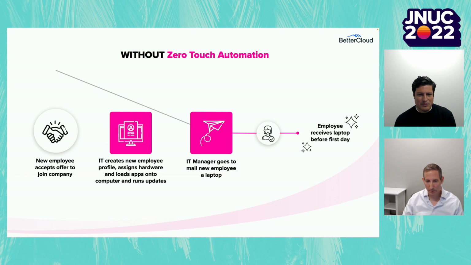And all of this assumes, of course, that the supply chain is working the way that it should be and that all of that can happen quickly. We know that's typically not the case. Eventually, that employee receives that laptop, and you hope that it happens before their first day.